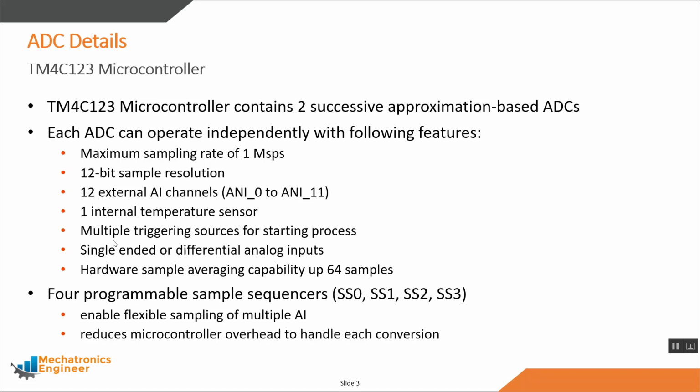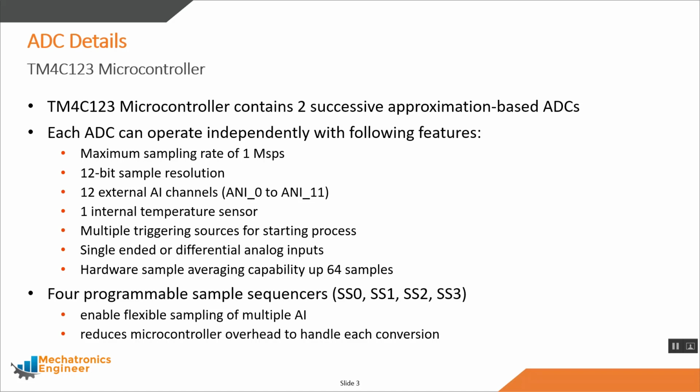Sampling can be started using one of multiple triggering sources, and we can also use the channels as single-ended or differential analog inputs. Also, both ADCs have hardware sample averaging capability up to 64 samples. Usually, an ADC in a microcontroller requires processor intervention to handle each conversion.